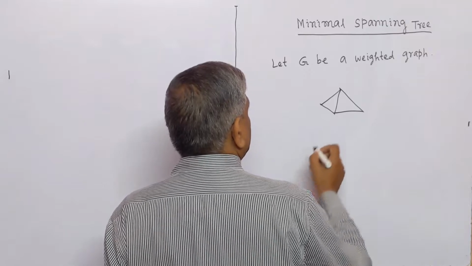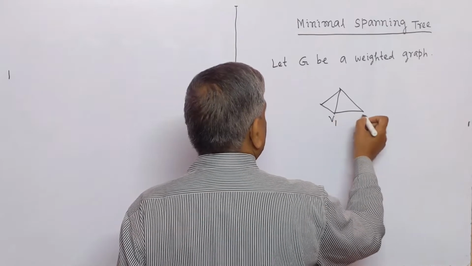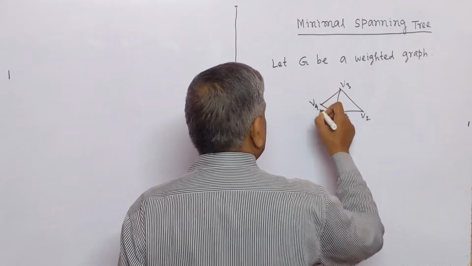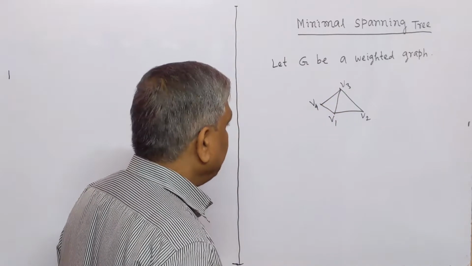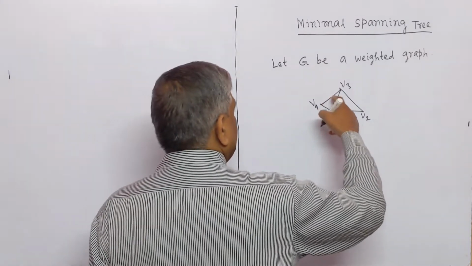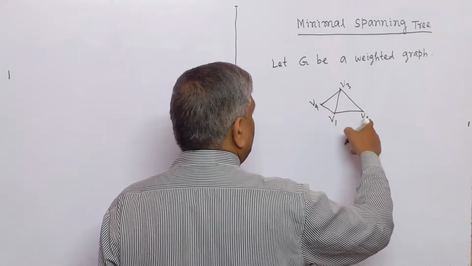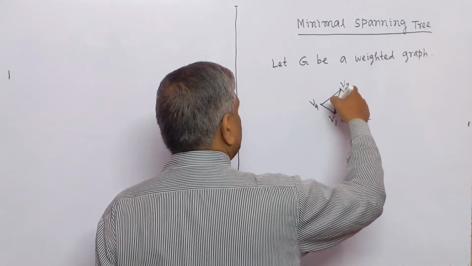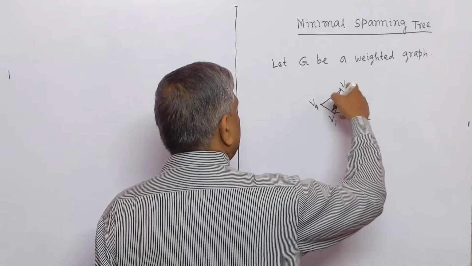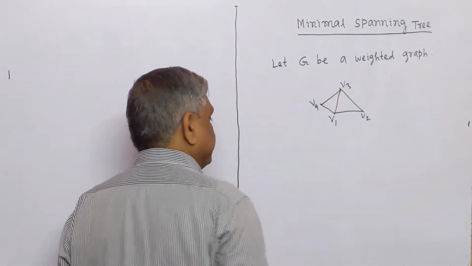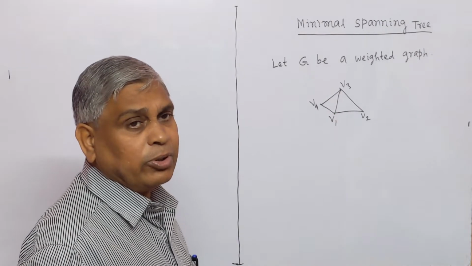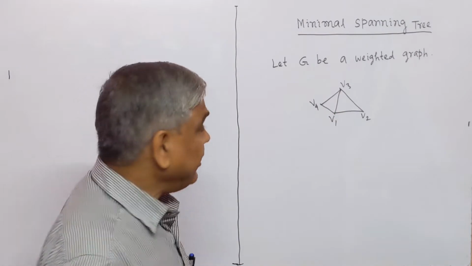This is a graph. Here V1, V2, V3, V4 be the vertices, and edges are V1V2, V2V3, V1V3, V3V4, V4V1. Each edge is assigned a non-negative number.